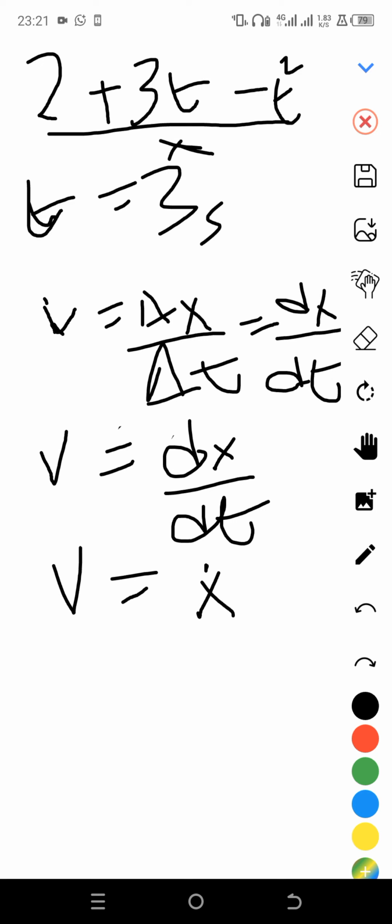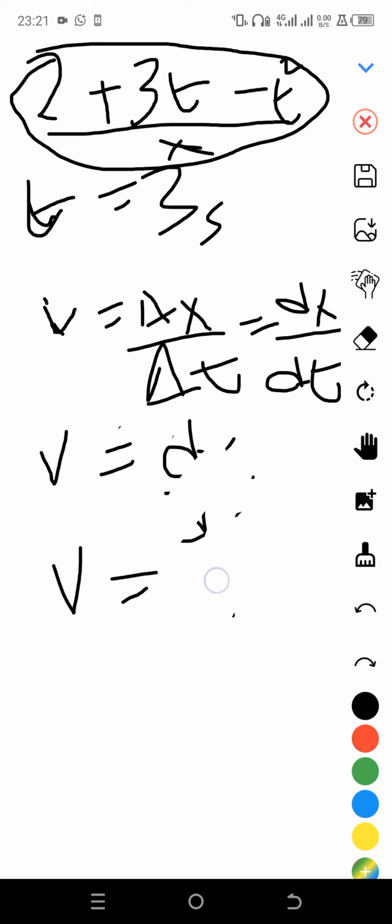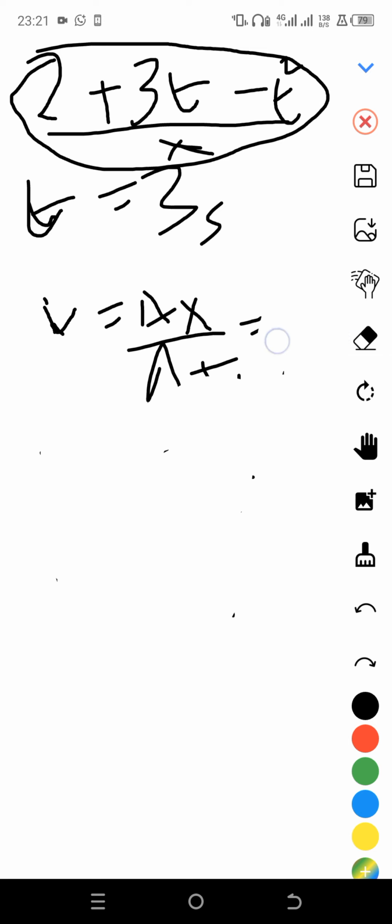So we need to take the first derivative of this function which we are given. In case you don't know how to take derivatives, this video will give you a chance to understand how to take derivatives in the easiest way possible.